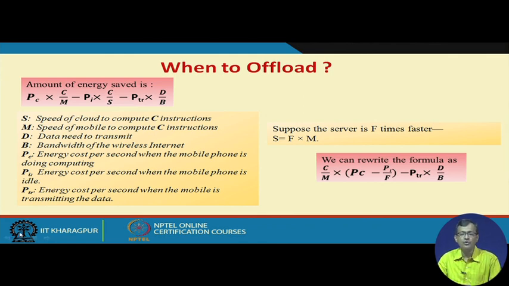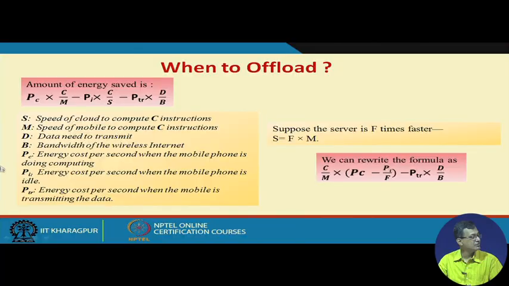Now, when to offload is again a serious question. So, let us look at a very straightforward formulation. PC is the energy cost per second when the mobile phone is computing.